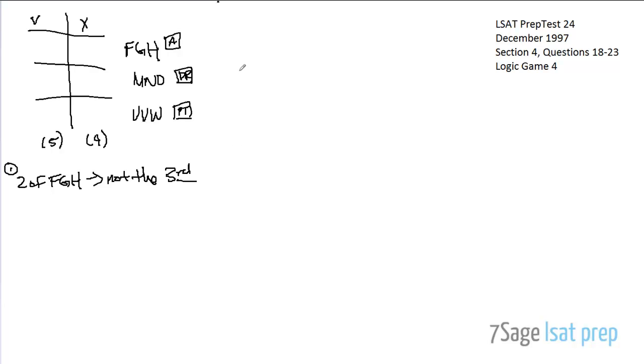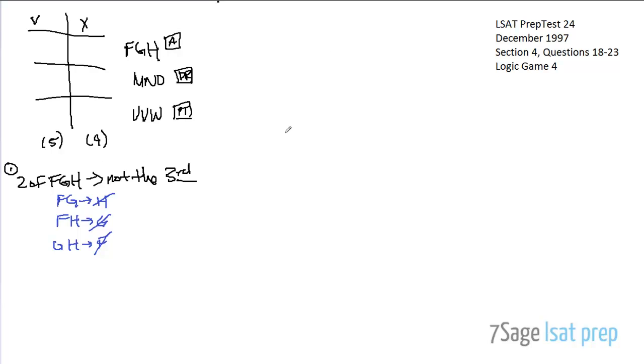It's pretty straightforward, but we could write out all of the implications of it. So FG implies no H, FH implies no G, and GH implies no F. These are actually the only 3 ways that this first rule could ever happen.